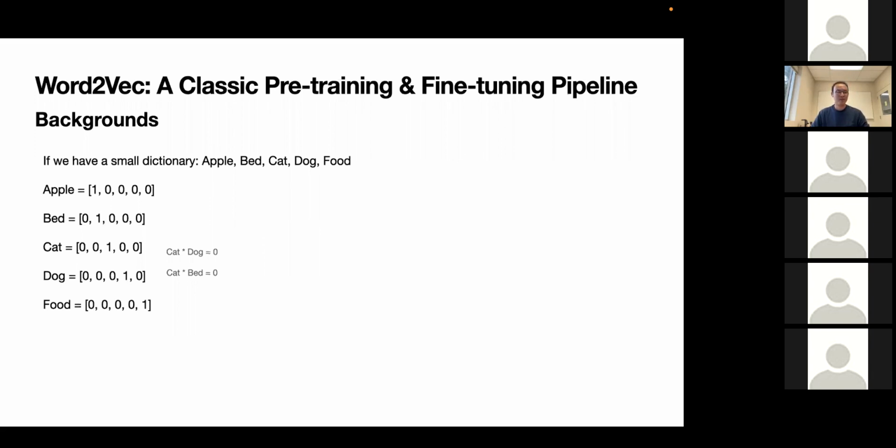Before maybe 10 years ago, most NLP researchers didn't know how to represent a word in a dictionary. In our case, we have a really small dictionary with just 5 words. The old-fashioned way to represent a word is just to indicate its position in the dictionary. Like apple is the first position, so the first index is 1, and the others are zeros.